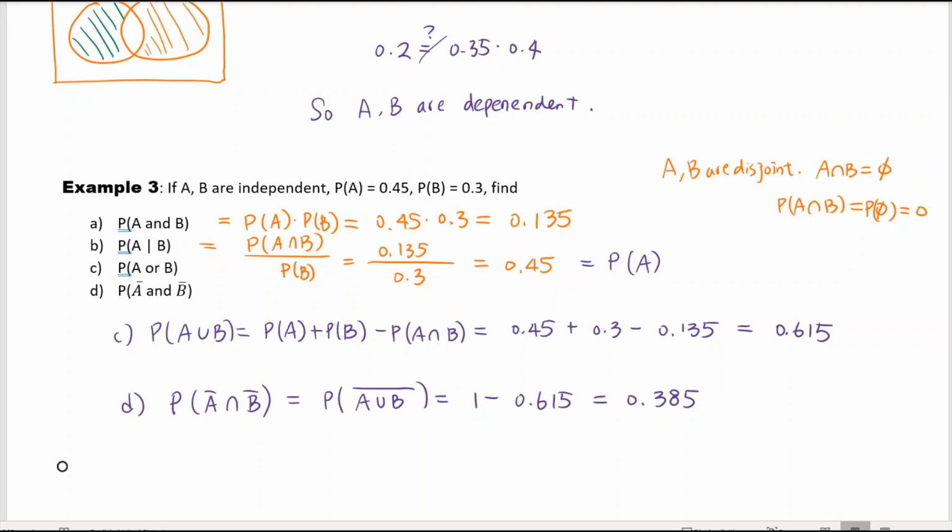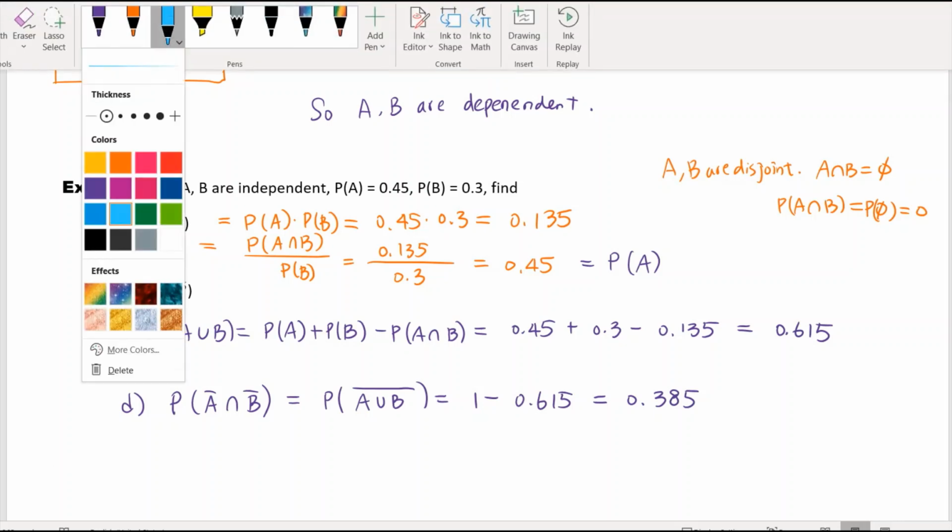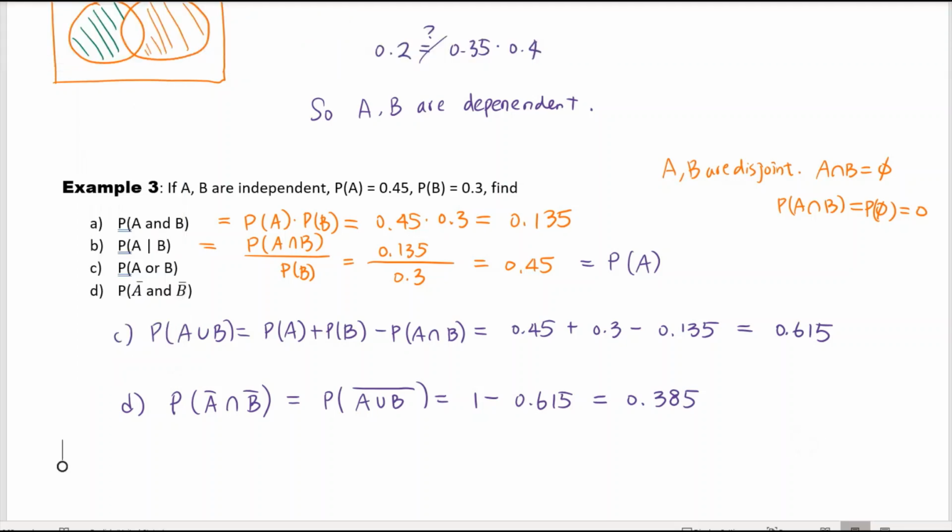Okay, so actually there is another way to compute that. Because A and B are independent, A complement and B complement are also independent. If A, B are independent, their complements are also independent.